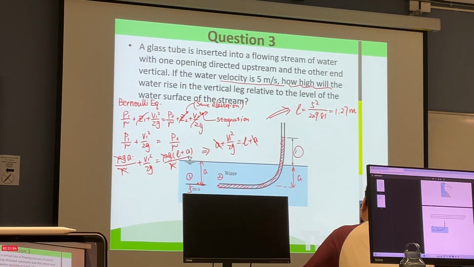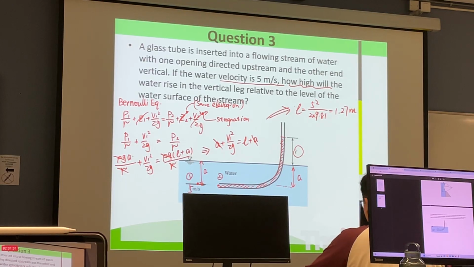This is a straightforward question to analyze using the Bernoulli equation. This also indicates that for velocity measurement, we can use the height L in this situation to measure the velocity: V1 is equal to the square root of 2gL, in other words.